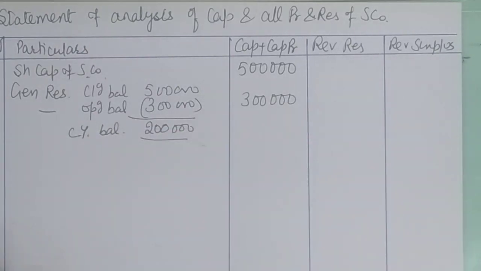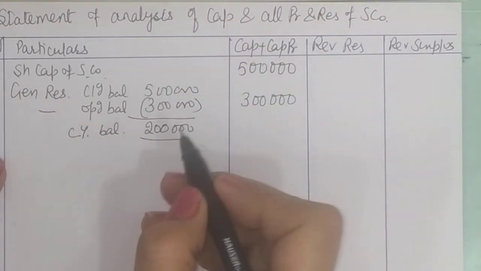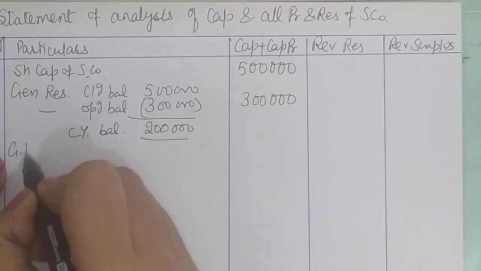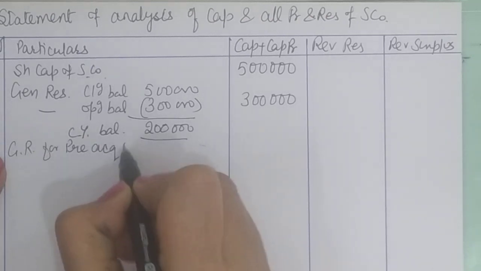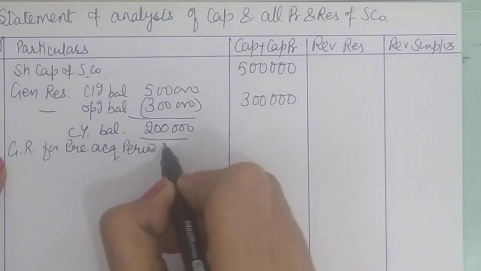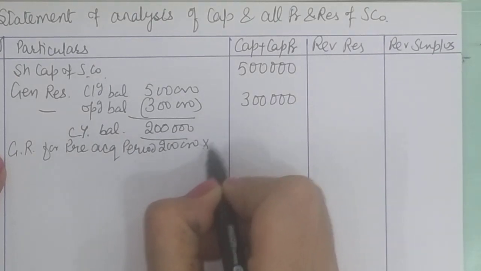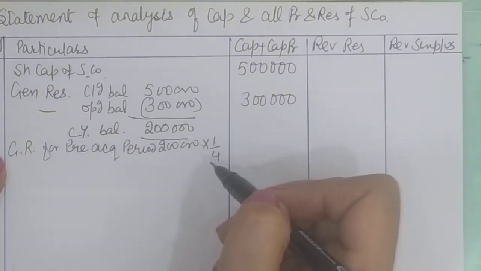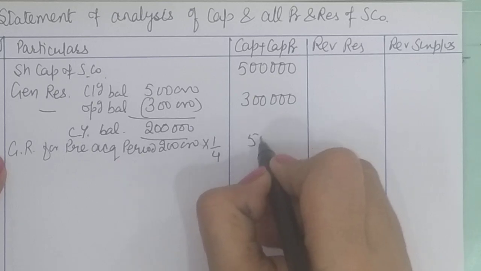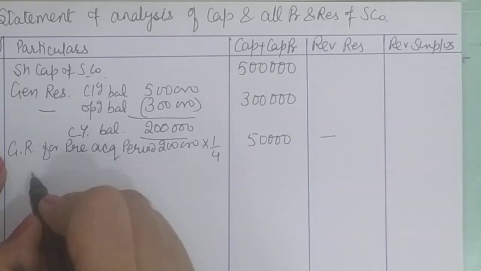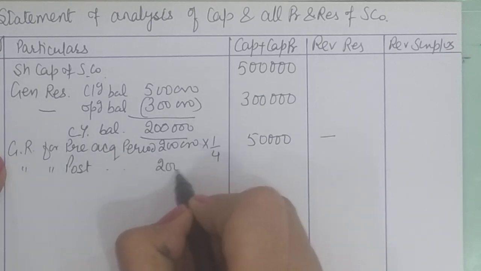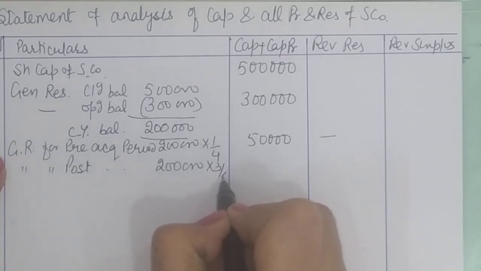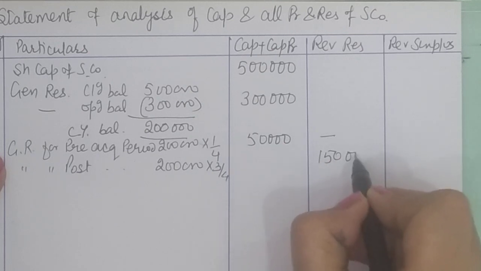So current year is split into pre and post in the ratio of 1:3. First quarter is in the pre-acquisition period. So general reserve for pre-acquisition period 2 lakh into 1/4, that is 50,000 coming here. General reserve for post-acquisition period 2 lakh into 3/4, 1,50,000 here.